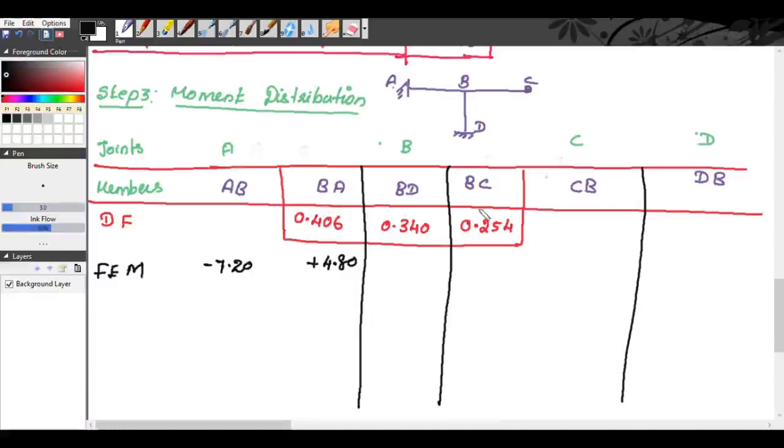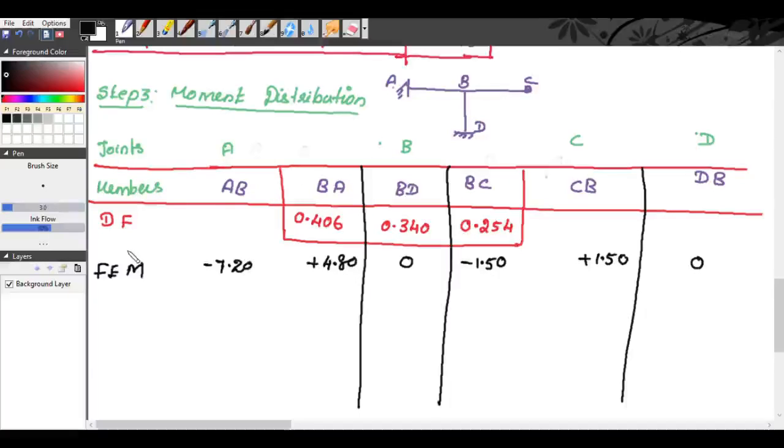For DB, in the span BD, we do not have any external loads, so the fixed end moment is 0. Now, we have at least one far end as simple support.